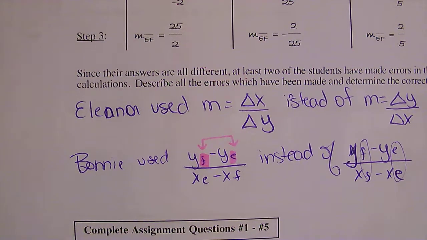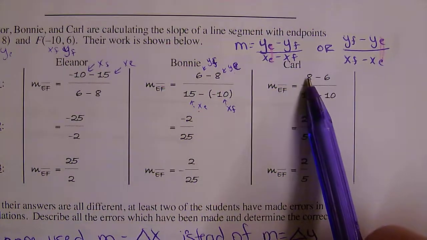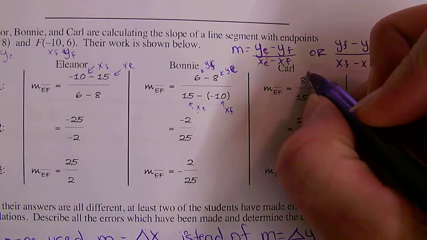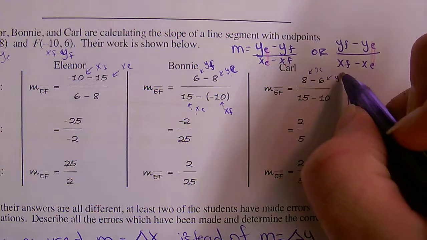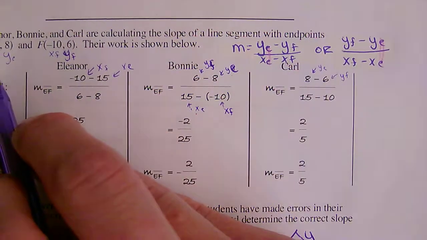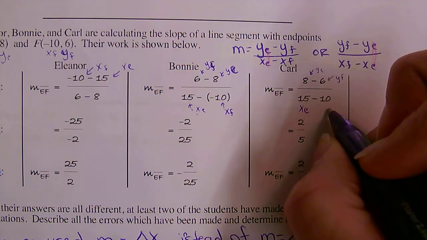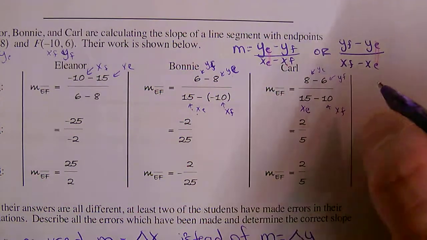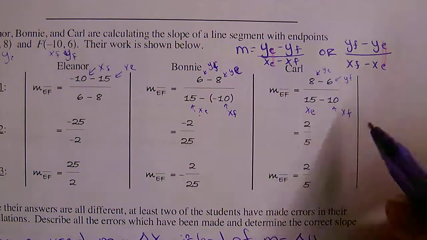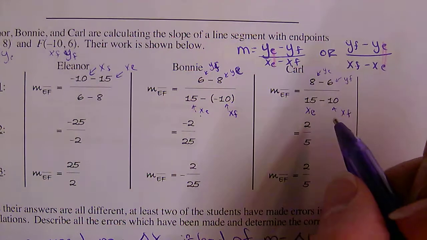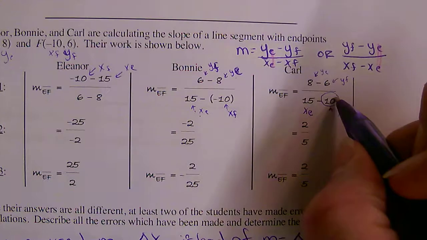So then let's look at Carl. What did Carl do? Now we've got this one is the ye, that is yf, 15 is xe, and that is xf. So that actually looks okay. However, we should notice this is supposed to be negative 10.